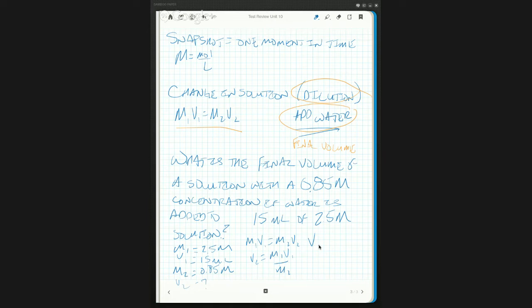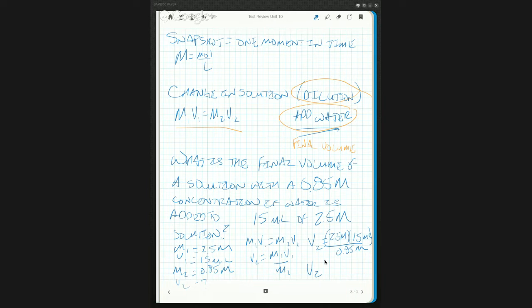So now we need to plug in our numbers. The way that I'm doing this is the way that I would hope you would do it. I don't want you to confuse yourself on this. Following all the steps is highly recommended, especially on the free response. If you don't follow the steps, you don't get any credit. So V2 is equal to M1, 2.5 molar times 15 milliliters, all over 0.85 molar.